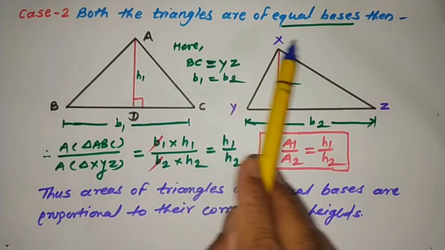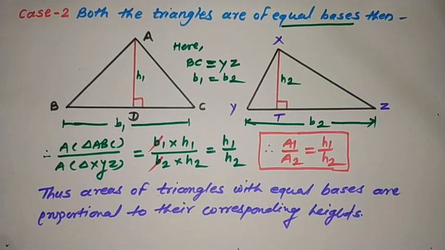Triangles of equal bases have areas proportional to their corresponding heights.